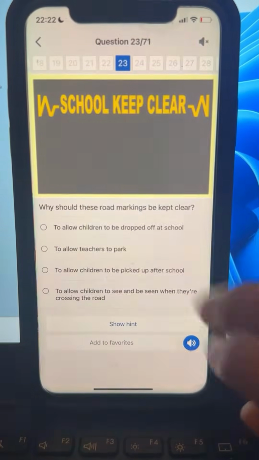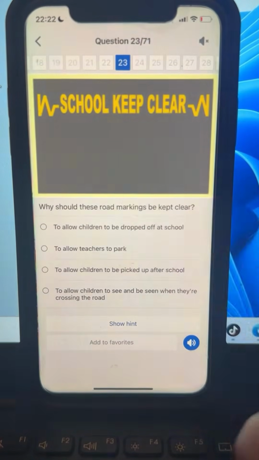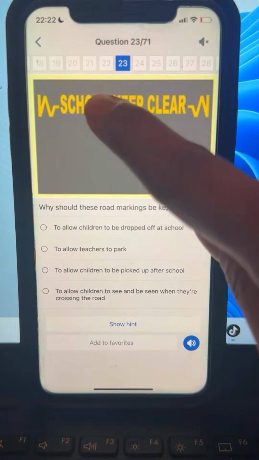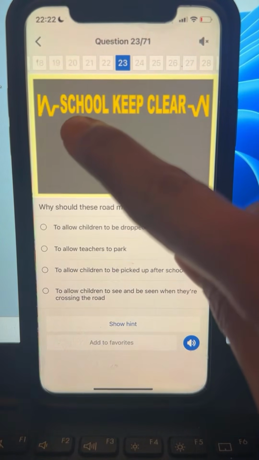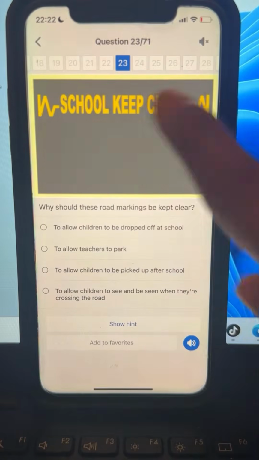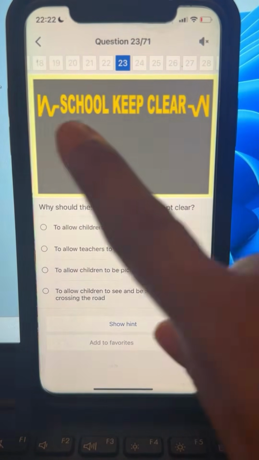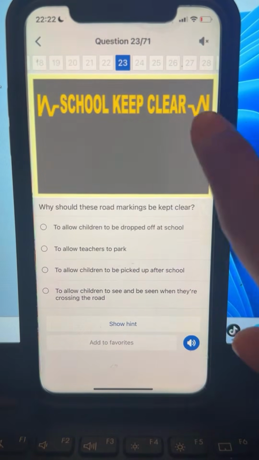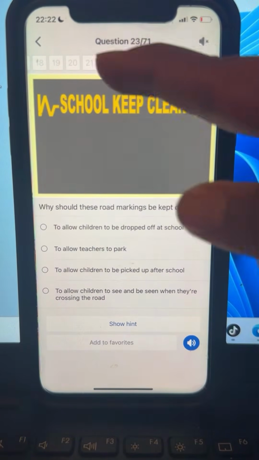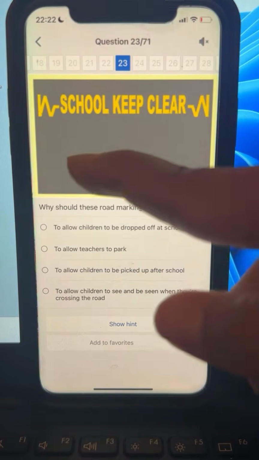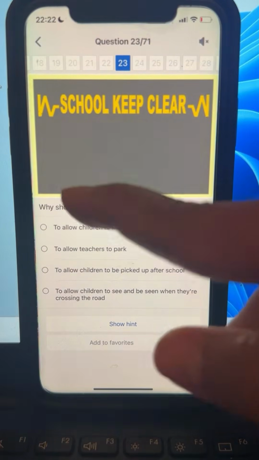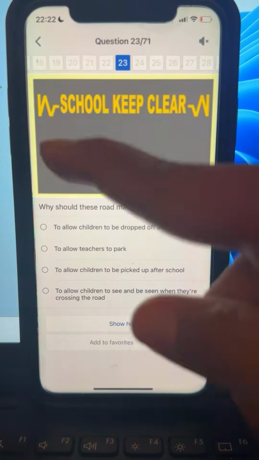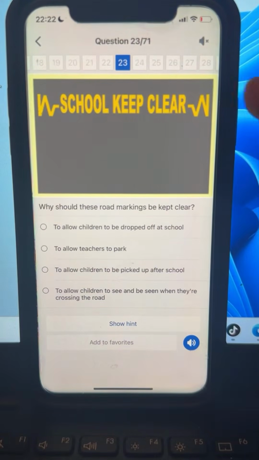These lines, you'll find them nearby a school telling you, don't come and stop in here to pick up your kids or drop them off. This area should be kept clear. You don't want any stopped car in there. Children will be crossing out of the school or in the school, so this area should be kept clear for the safety of children, so they can be seen while crossing.